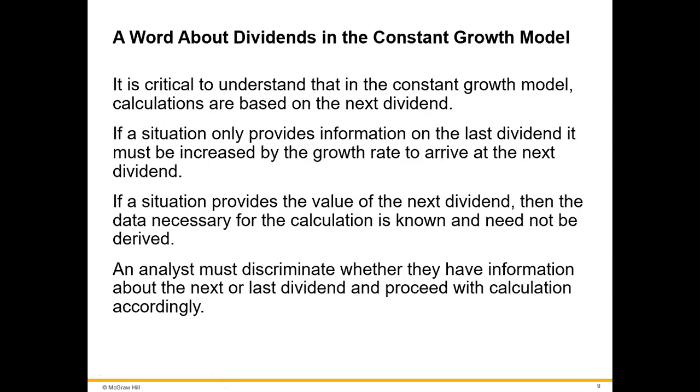So if the situation only provides information on the last dividend, you have to increase it like we just did to arrive at the next dividend. If it provides you the value of the next dividend, then you just use that in your calculation. But please be careful of that. And analysts must discriminate whether they have information about the next or last and then proceed. So be very, very careful, especially in your practice and graded assignments.